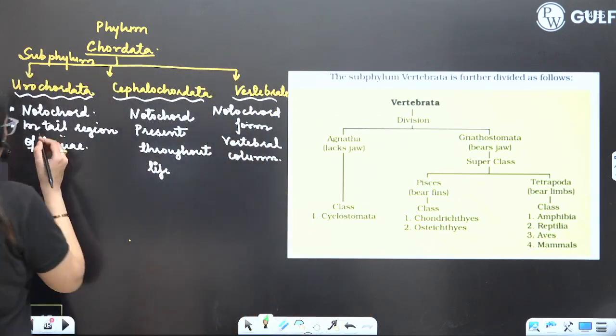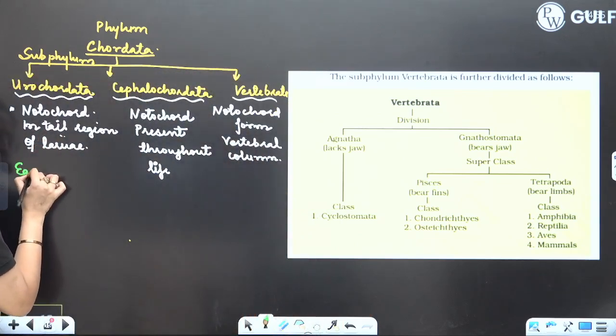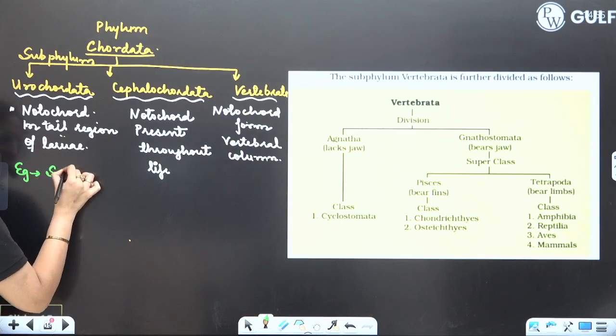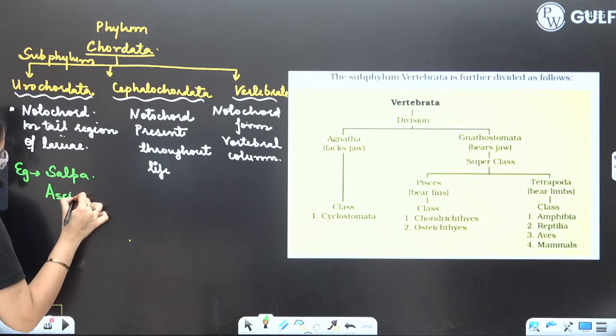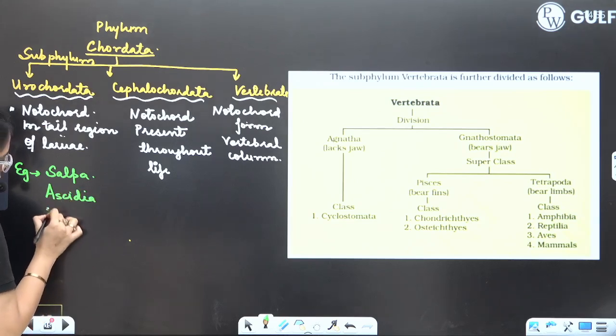Now, if I talk about the urochordates, the examples are Salpa, Ascidia, and Doliolum.